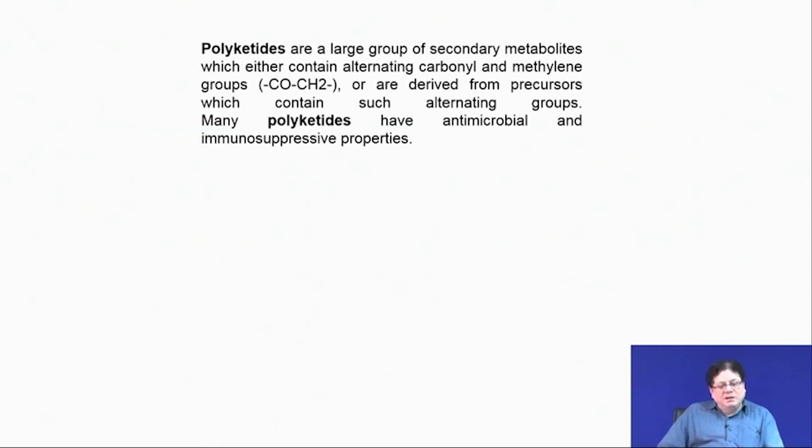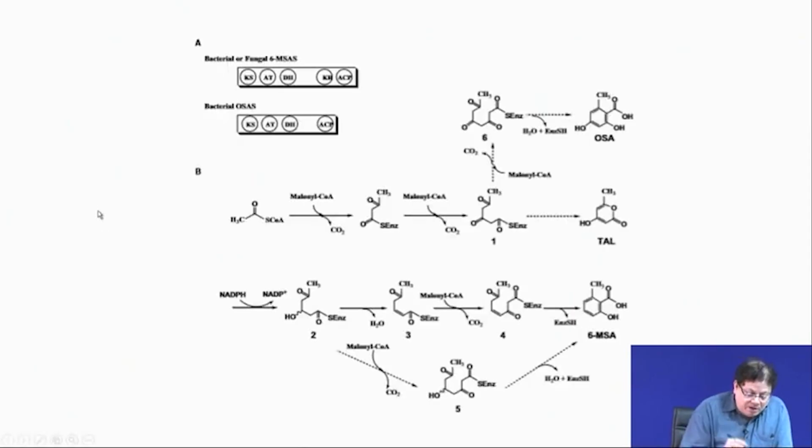One is by forcing the enzyme to accept alternate substrates. The other is by changing the genetic map, which will produce newer enzymes, and then you can get newer types of metabolites.